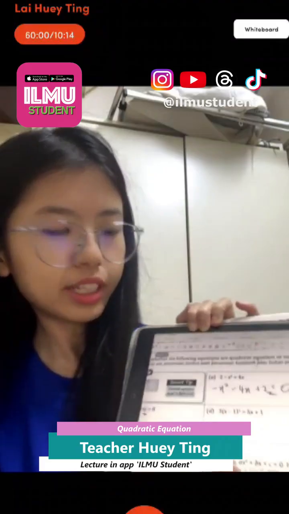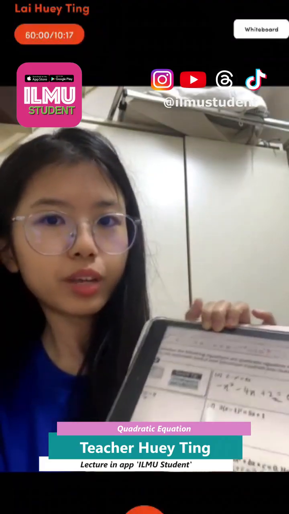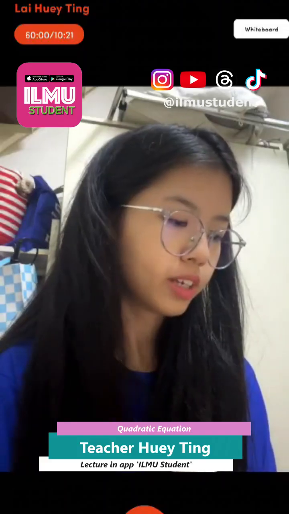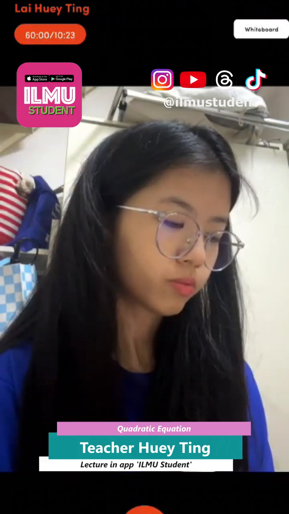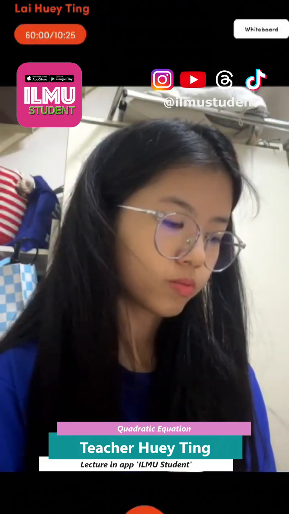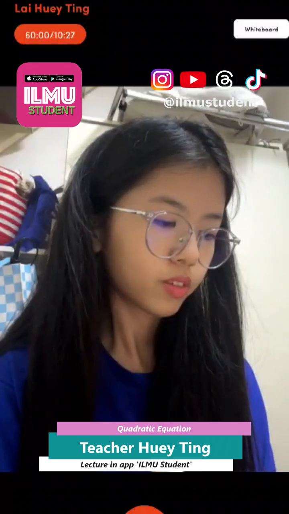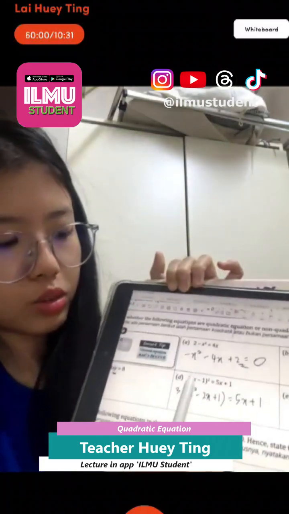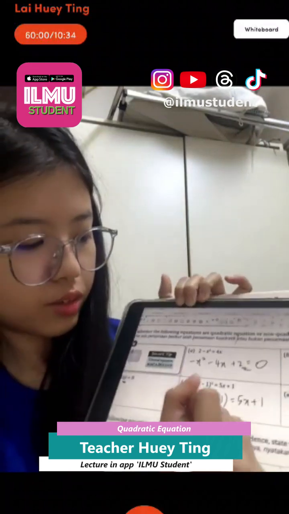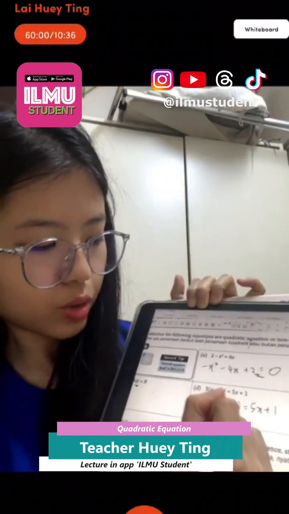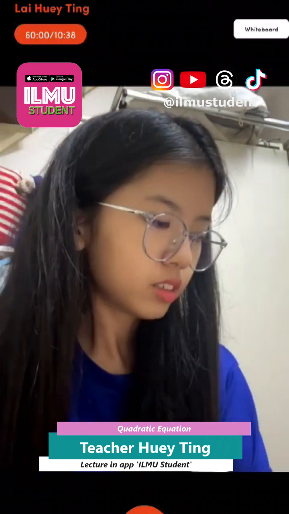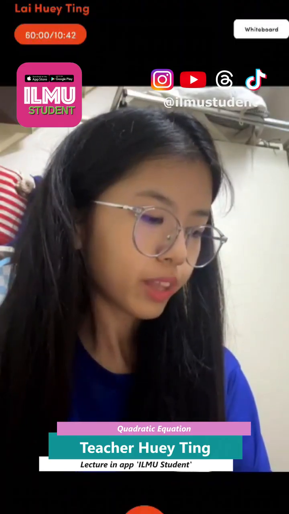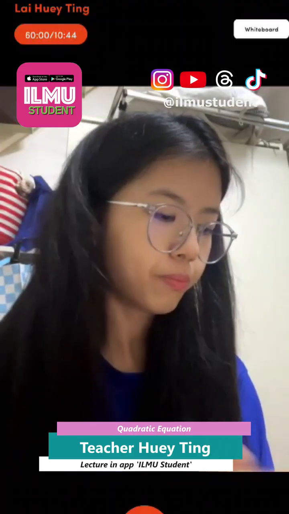So for D, we have to expand it before we identify. So let us expand. After we expand, let us arrange it. 3x squared minus 6x plus 3 equal to 5x plus 1.